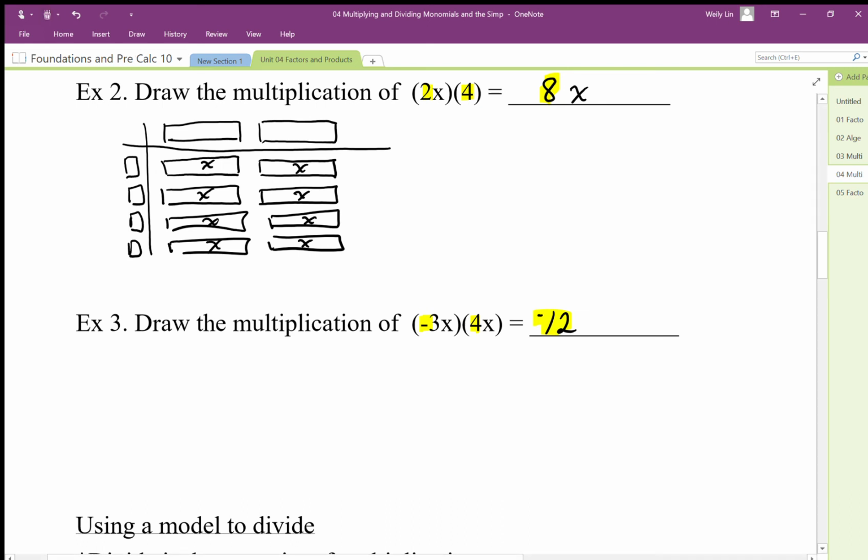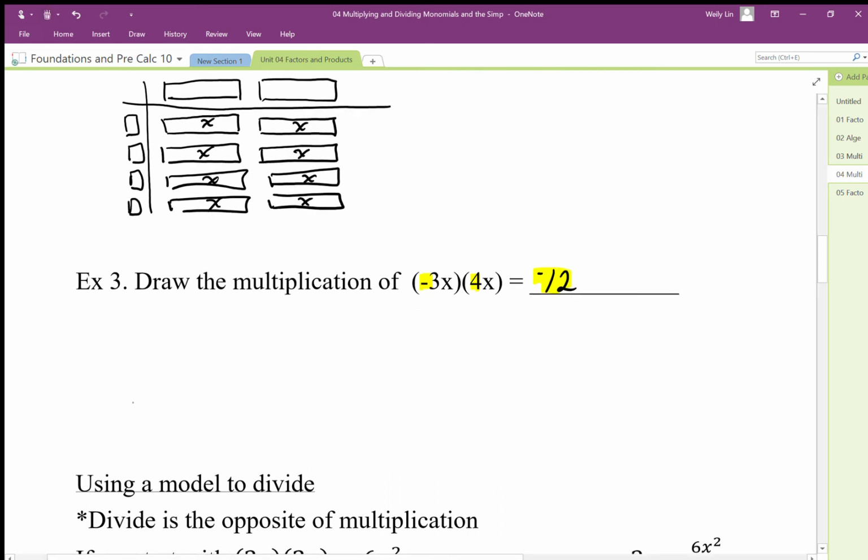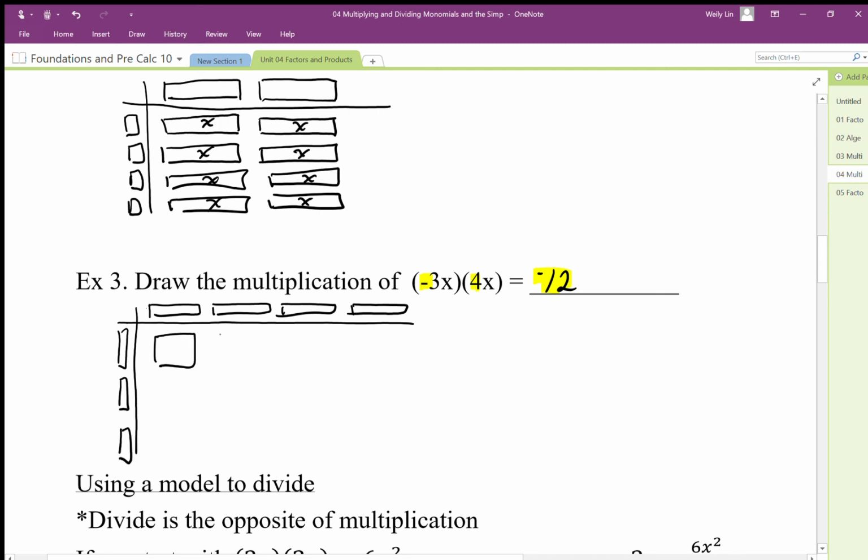So when we draw the area of this, we should have 12 elements in this area. So I have 4 x's along the horizontal here. I'll draw 3 x's along the vertical. And you can see that we're going to end up with 12 of these elements in here.